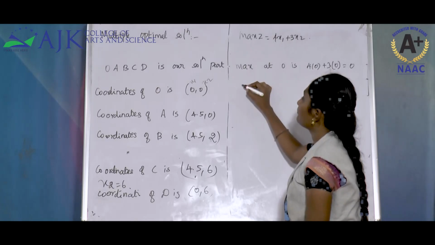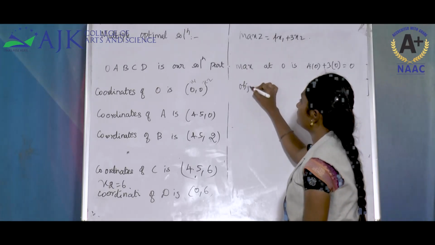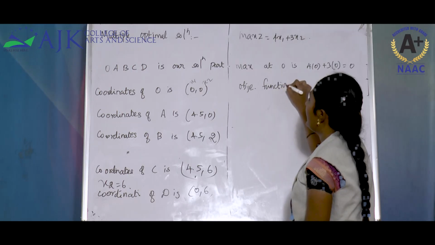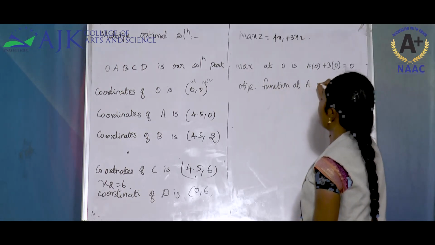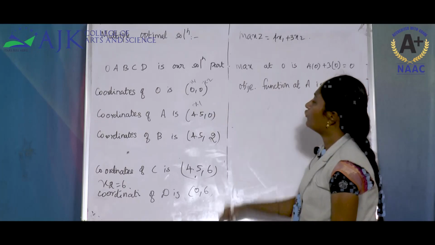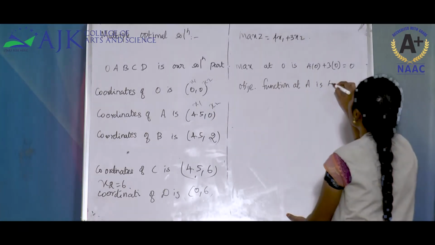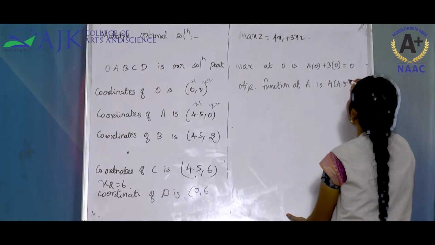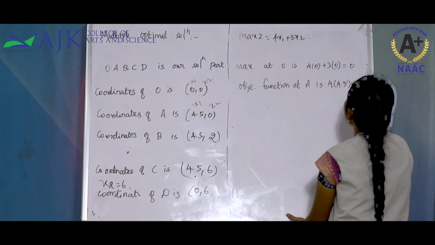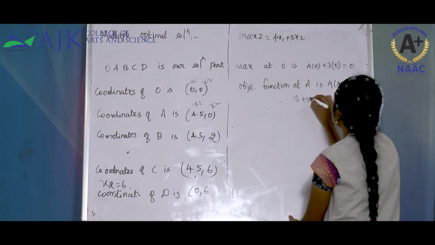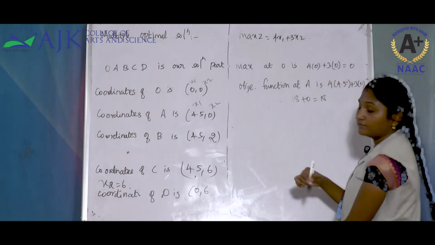Next, objective function at A. At A, what is your x1 value? 4.5 and x2 value is 0. So 4 into 4.5 plus 3 into 0. This is equal to 18 plus 0 is equal to 18.